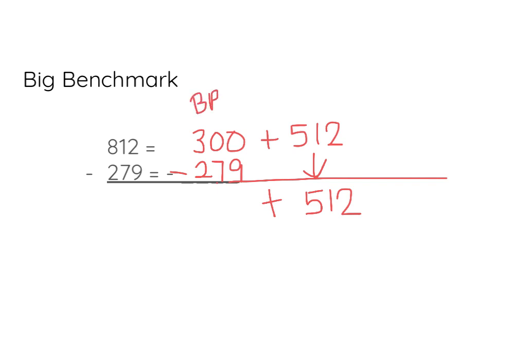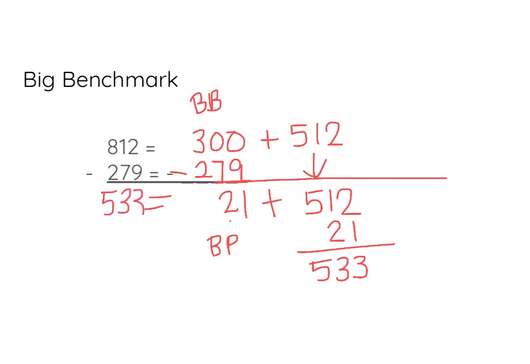It's my big benchmark, so I need my big partner. So 79's partner is 21. Now, if this is hard for you to add, remember, put your 10s with your 10s, your 1s with your 1s, and add that up. So you get 533. Great job.